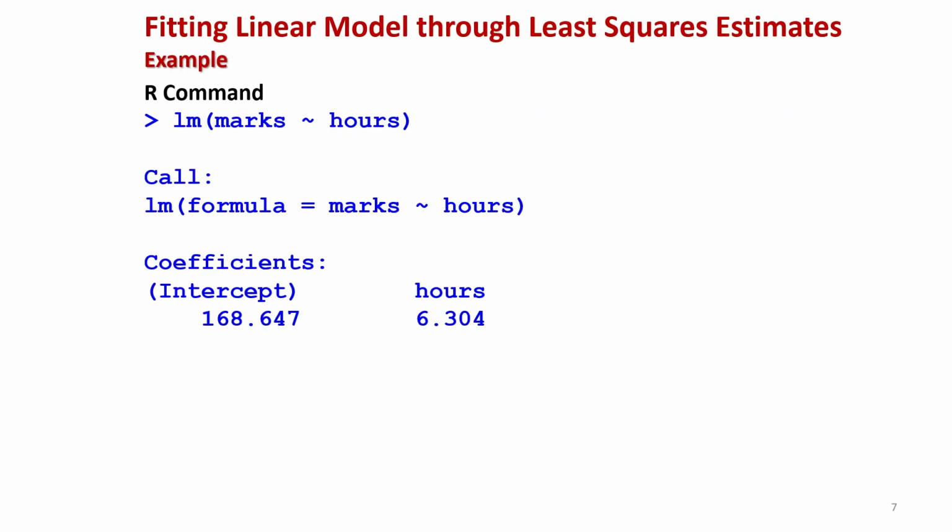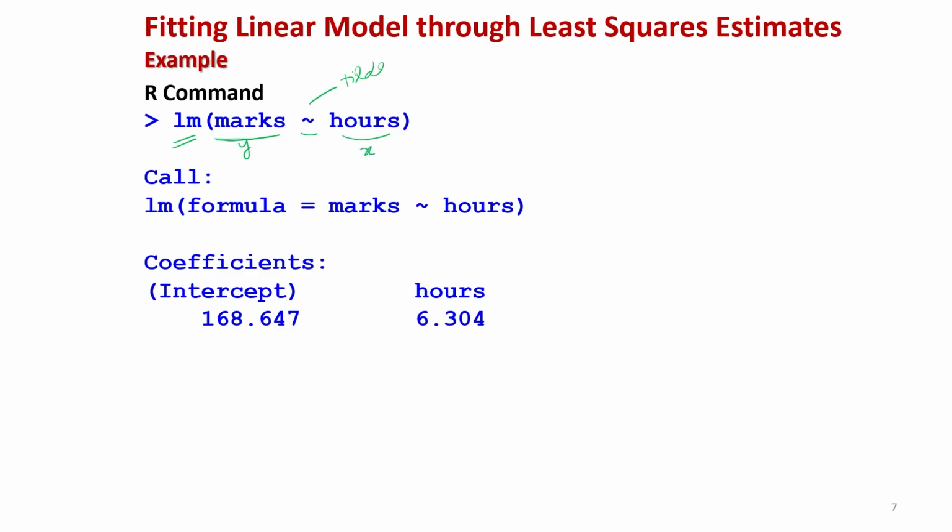Now I use the command, but the more important part is how I am using it. I am using the command lm, and I am writing marks and this tilde symbol, which is available on your keyboard. So I write lm, the dependent or output variable y, then the tilde sign, and then x, the independent variable.